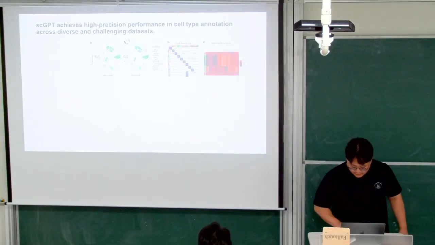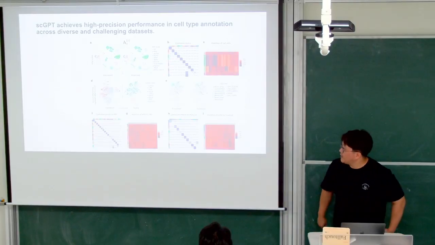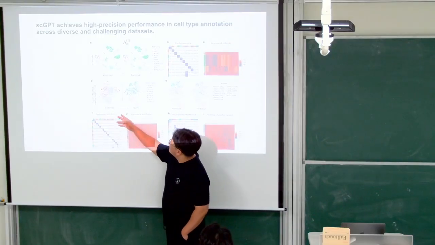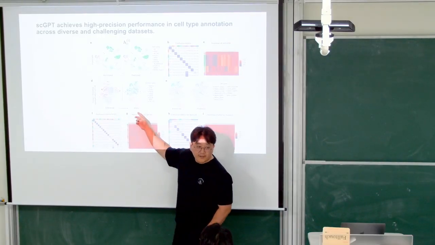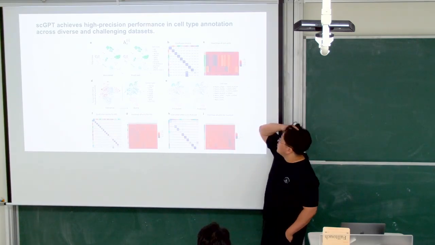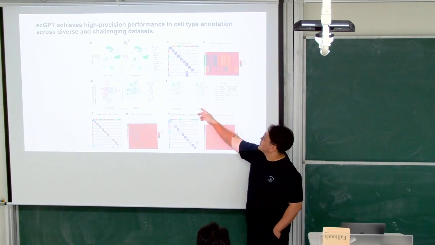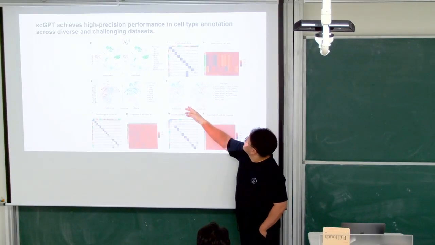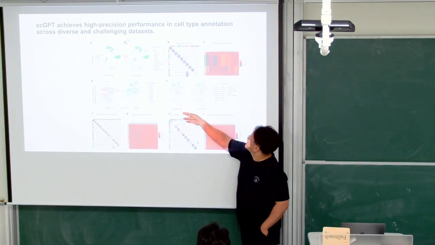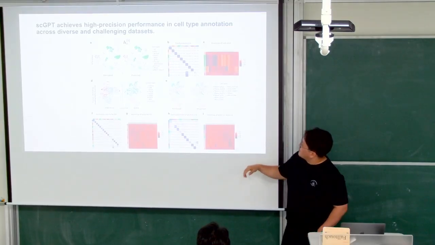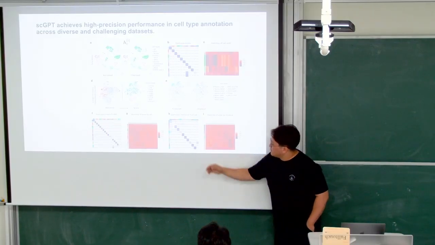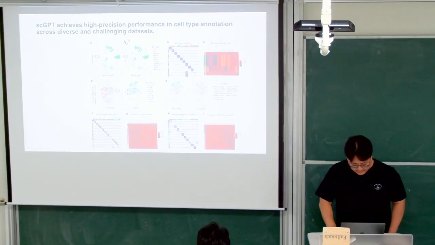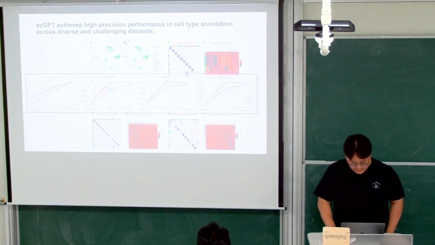So this is the fine-tuning step, and they apply this fine-tuning step using this query data. And they also invert the cell type, and by comparing it to the original cell type, they calculate the accuracy of the prediction.